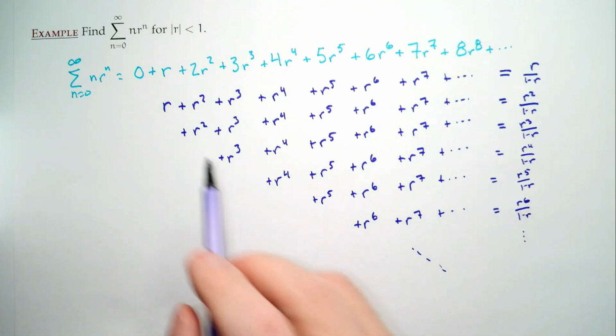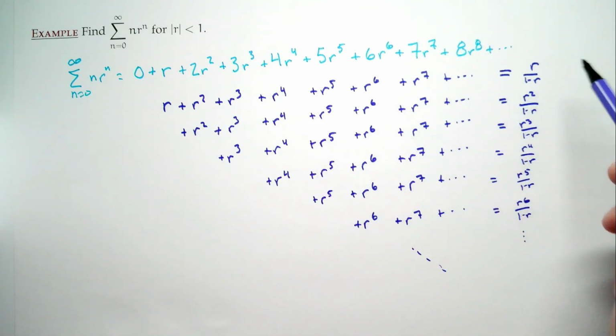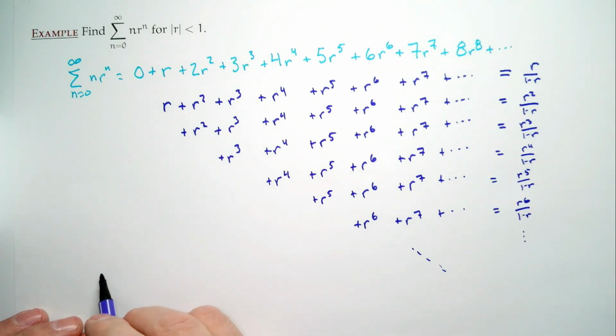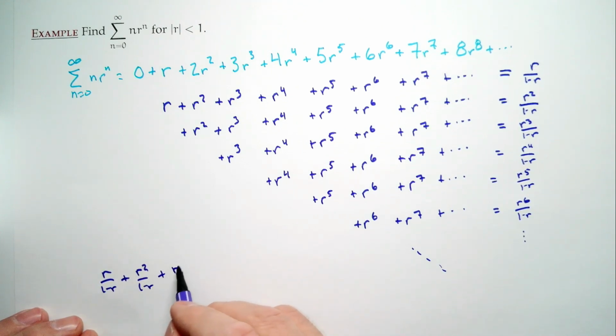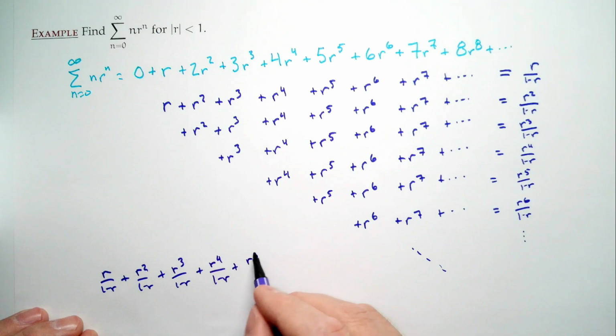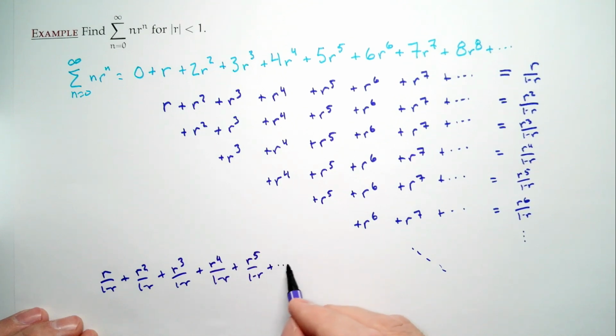Now, remember, that's not our answer. We now need to add all these up. So, we need to add up r over 1 minus r plus r squared over 1 minus r plus r cubed over 1 minus r plus r to the 4th over 1 minus r plus r to the 5th over 1 minus r.